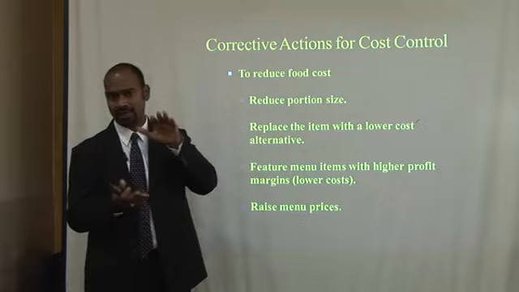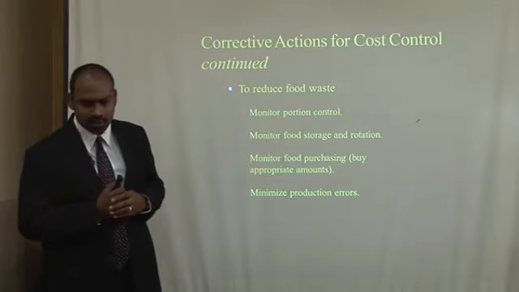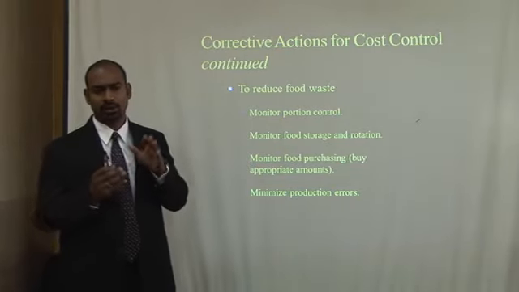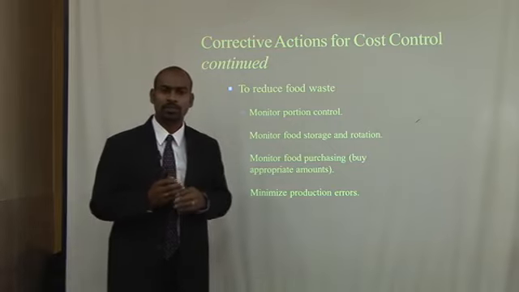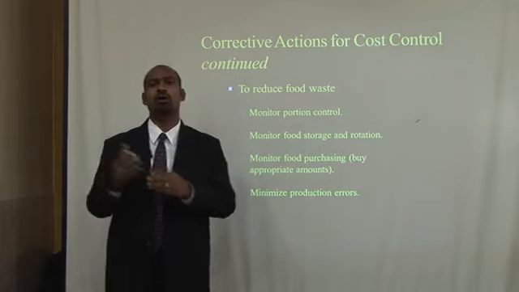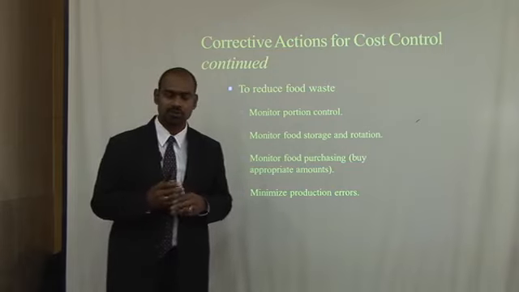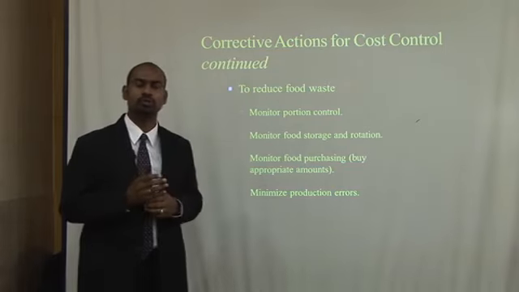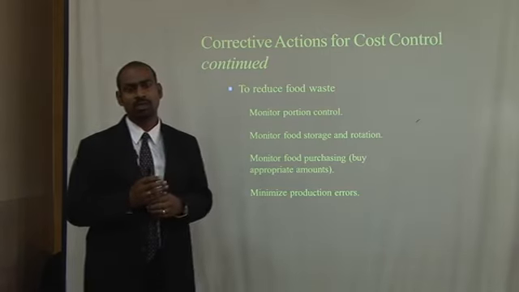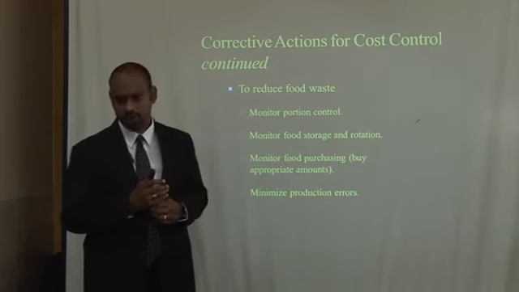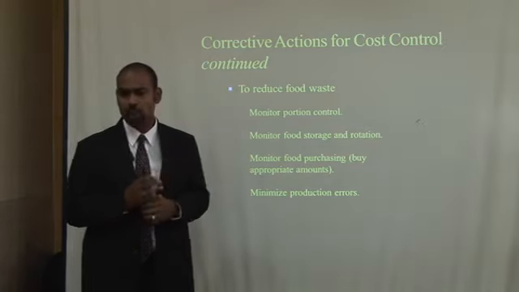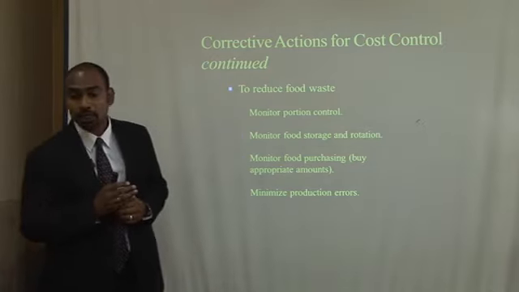To reduce food waste, as we spoke previously, food wastage also comes under food cost, because whatever food you use to make a portion, that wastage also comes into the picture of the food cost. So monitor portion control, and monitor food storage and rotation.